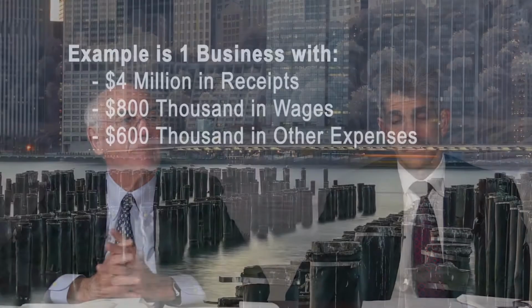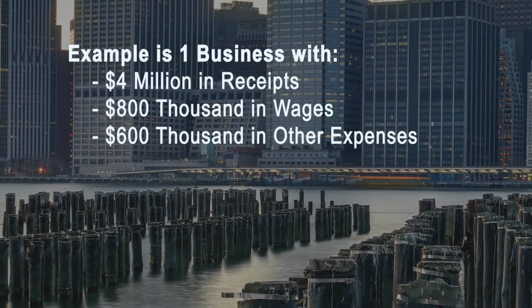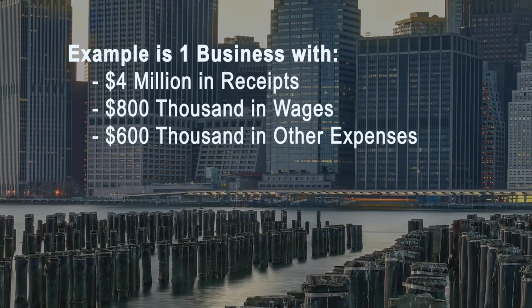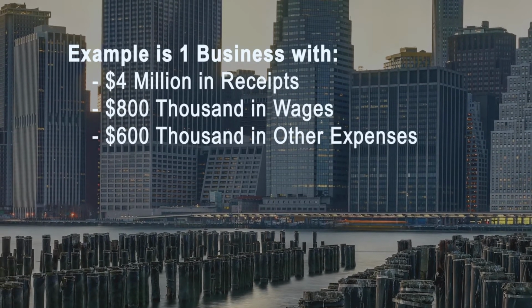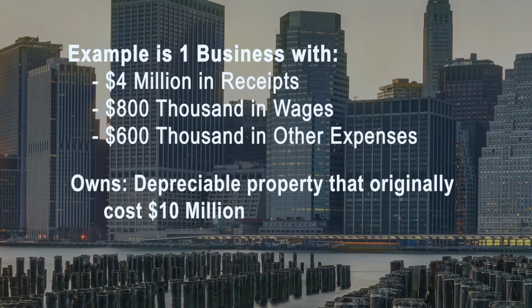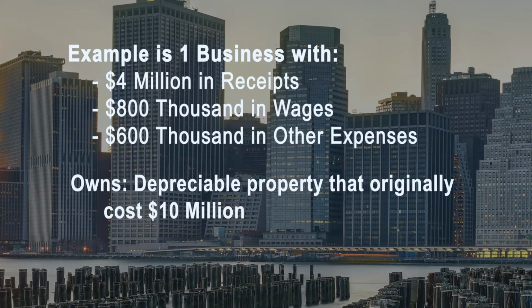So our example is we have a business, it's one business that has receipts of $4 million, has wage expenses of $800,000, has other expenses of $600,000, and it owns qualifying property, depreciable property, with an original cost of $10 million.